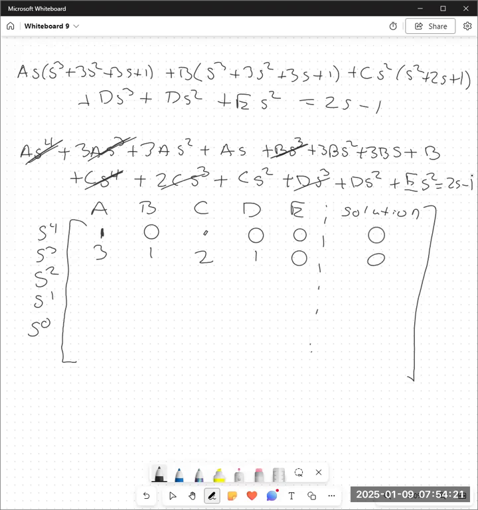And there's a 0 for those on the right-hand side because I only have s's. And let's go ahead and fill this in that this is 2 and -1.